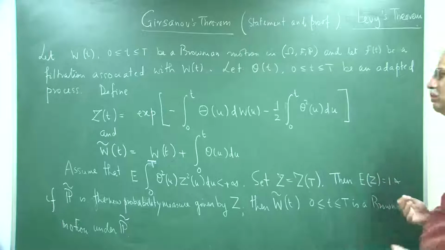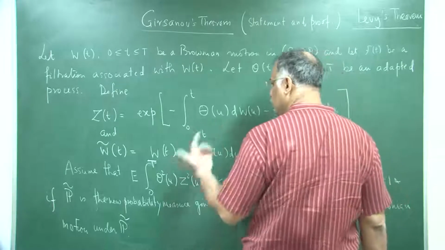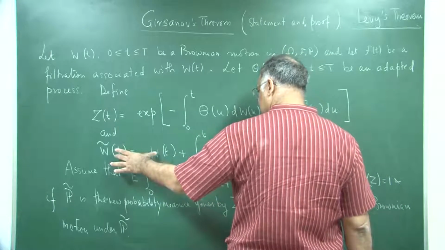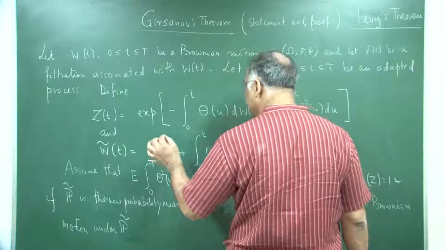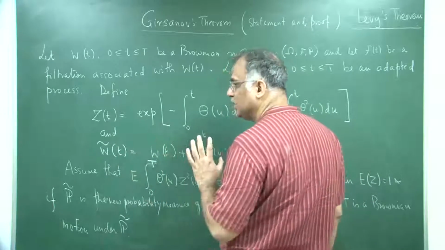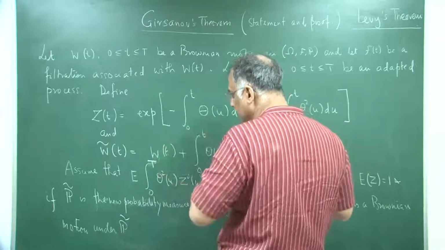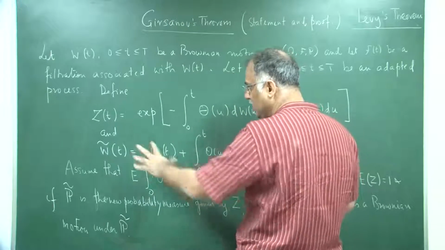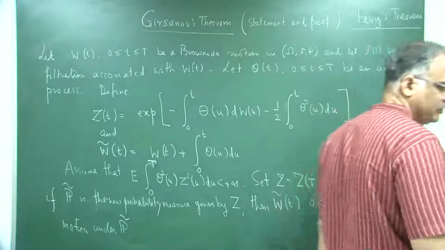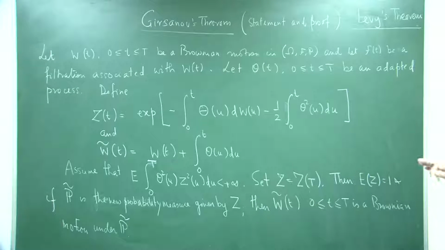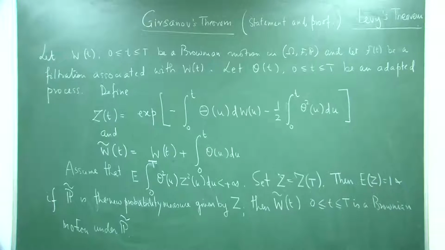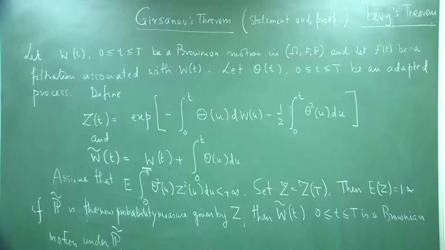Now we have to show that the quadratic variation is dt, and then show that W tilde t is a martingale. The whole machinery that we have developed in the last lecture is to show that W tilde t is a martingale. So, now we will remove this statement and then write down the proof.